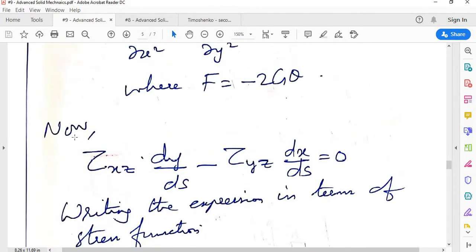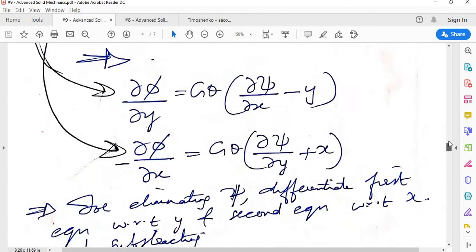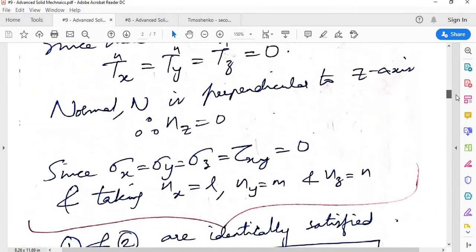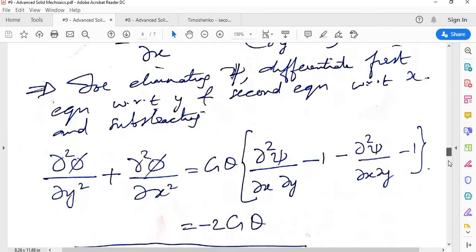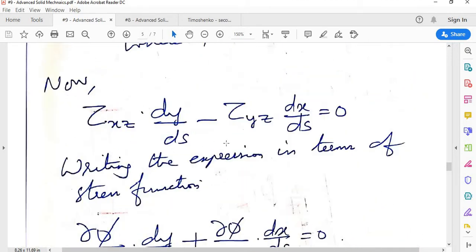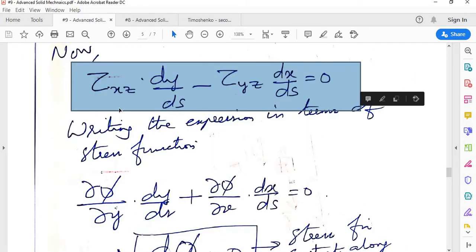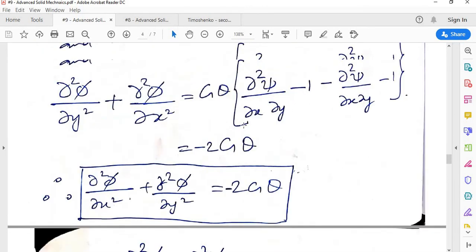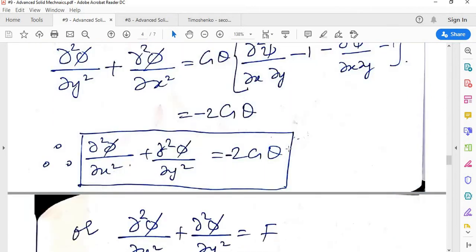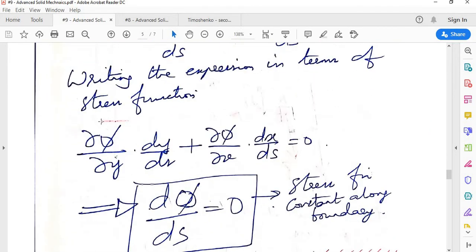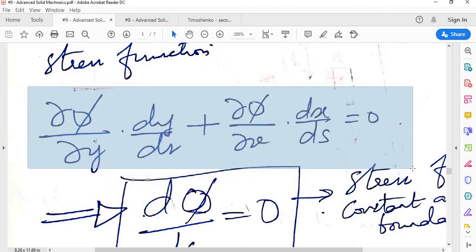So we'll start from this equation. Remember, we had arrived at this based on Cauchy's equilibrium equation. Let us try to write it in terms of stress function. So tau xz and tau yz, we had already written in the following form, right? When you substitute that in this expression, it will simplify to this.